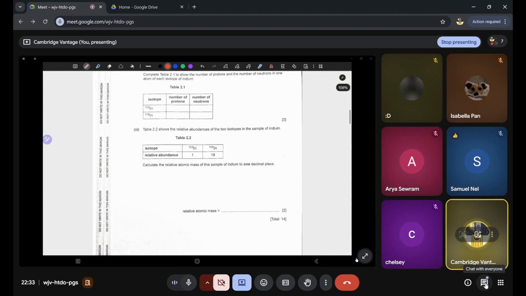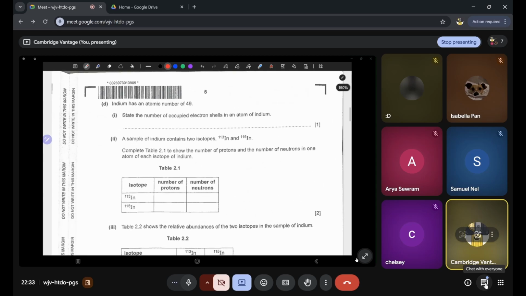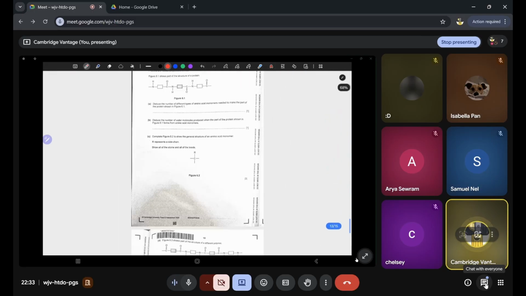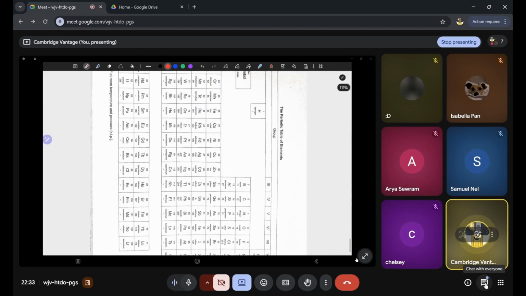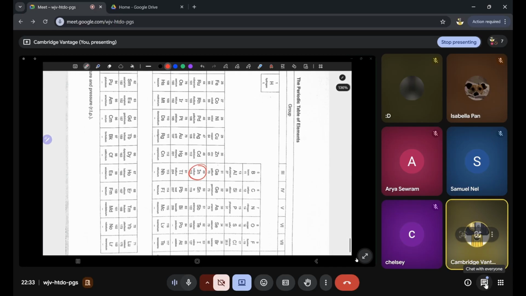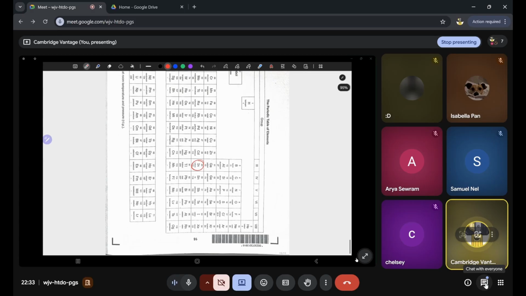See what do we have in the later part. State the number of occupied electron shells in an atom of indium. And they told us the atomic number of indium as 49. So what we will do now is go all the way down, look for indium in the periodic table. And we see that this is indium. So how will we know how many electron shells it has?